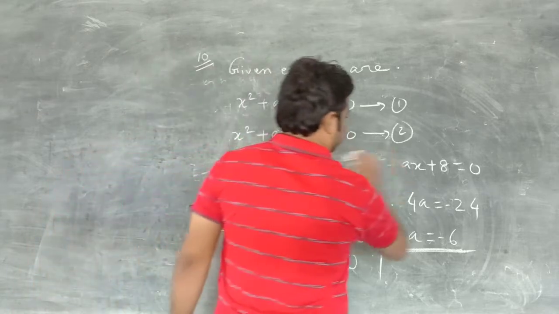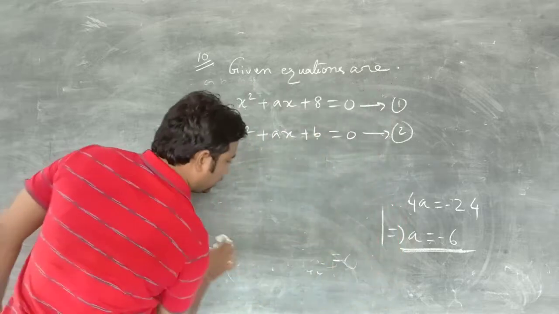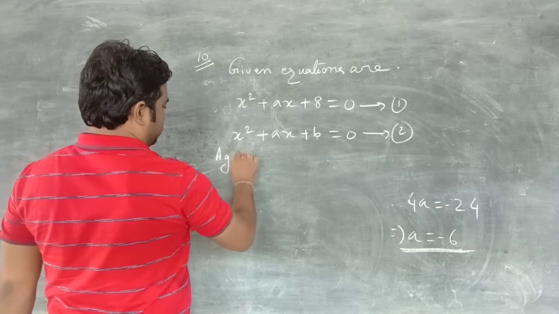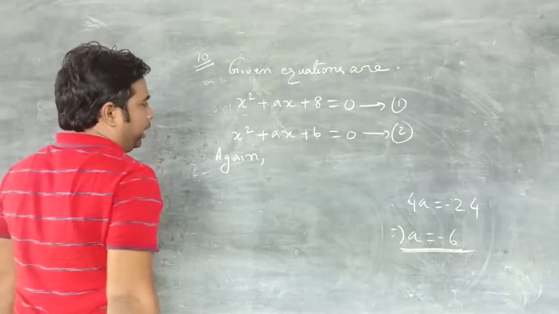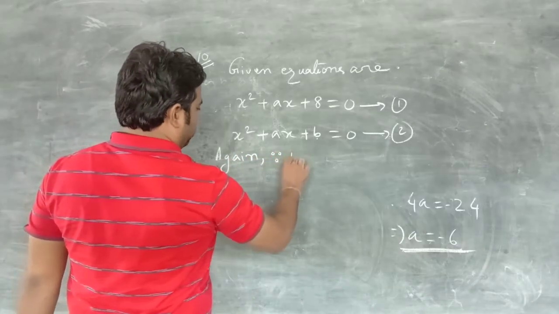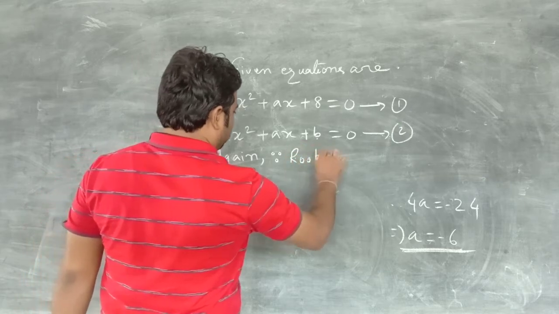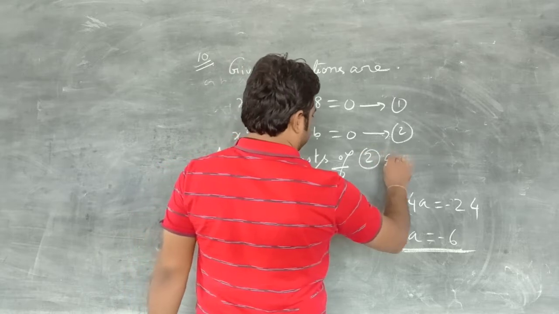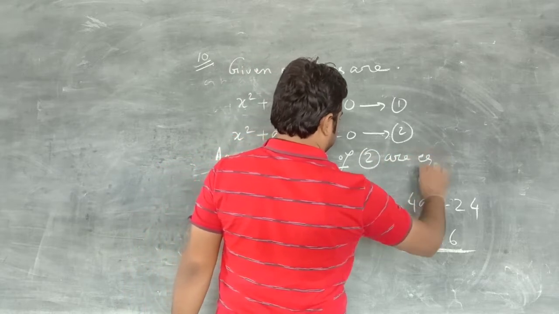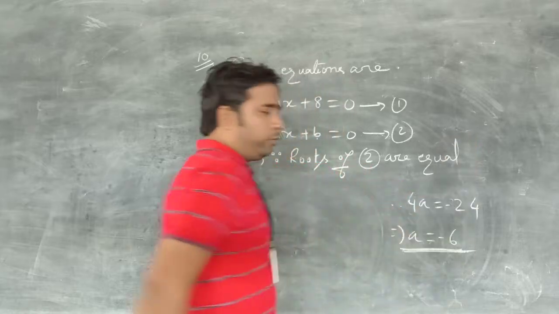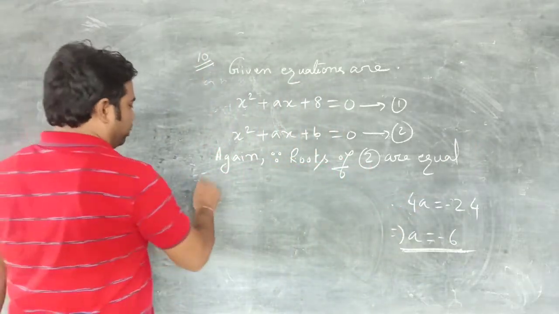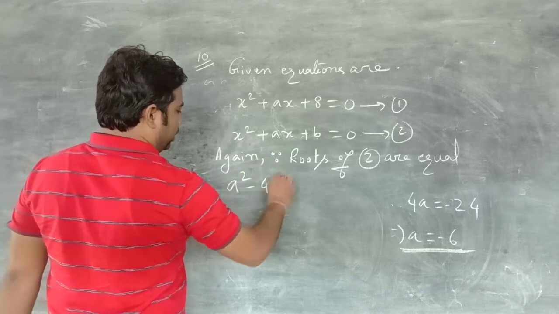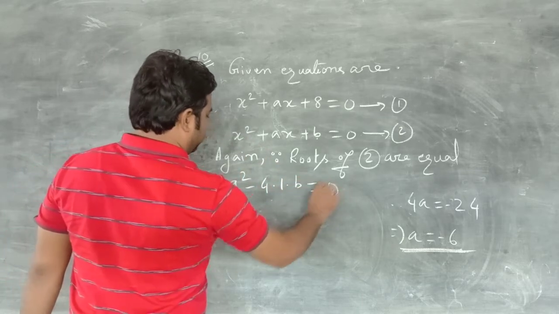Again, since roots of 2 are equal, what you can write? b square minus 4ac equal to 0, that is, a square minus 4b equal to 0.